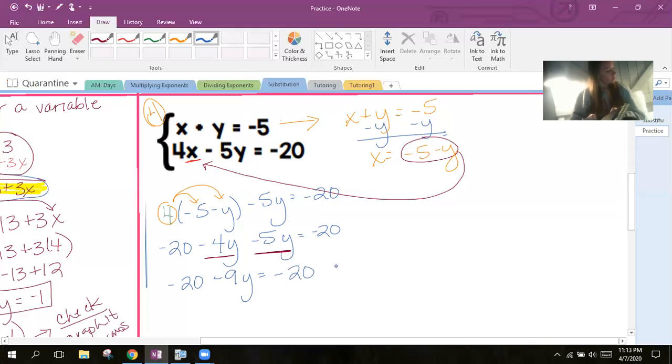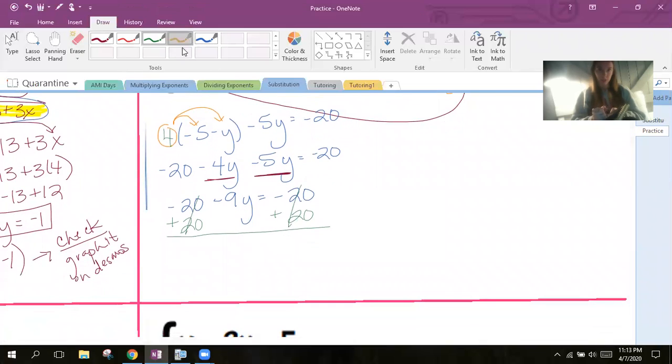Right. So then I have to get that negative 20 and combine it with this negative 20. So I'm going to add 20. Add 20. Those cancel out.